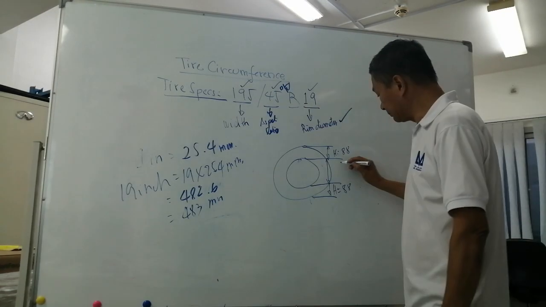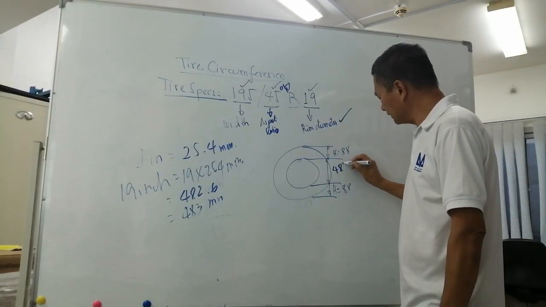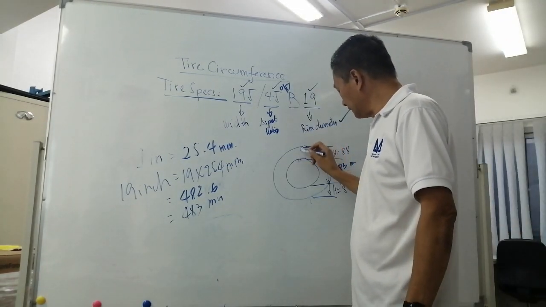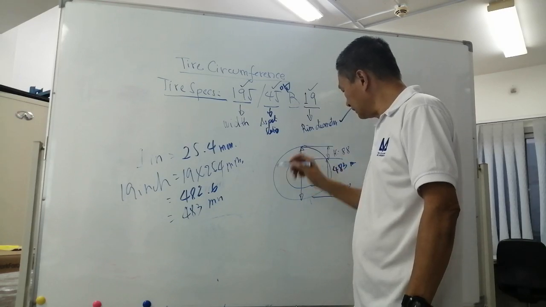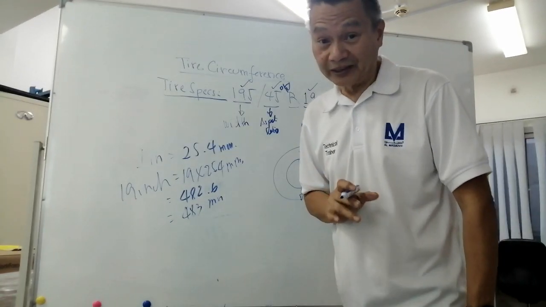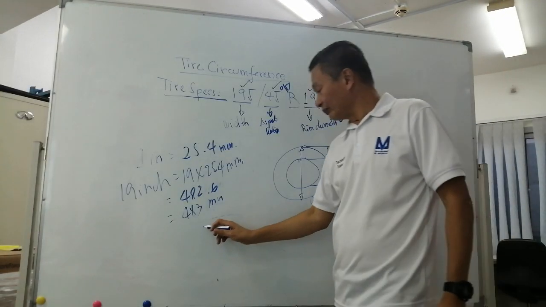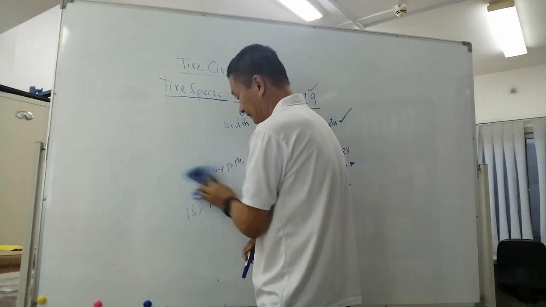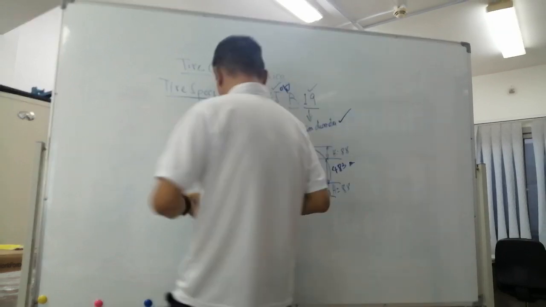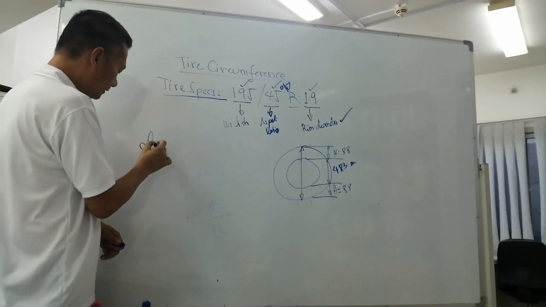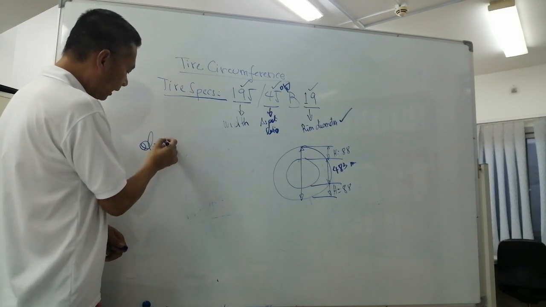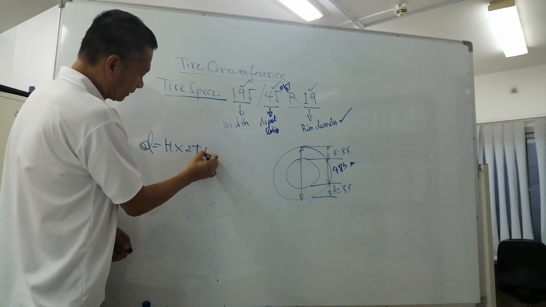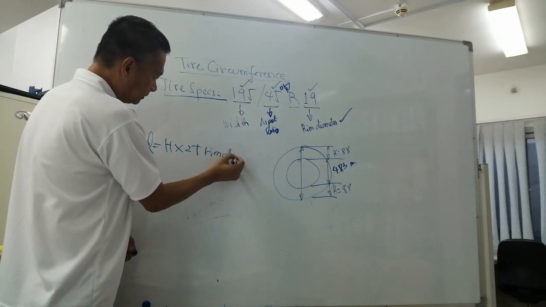Now from this point to this point, we have 483 mm. From this point to this point will be your diameter. So what is our formula for diameter? Diameter is equal to height times 2 plus rim diameter.